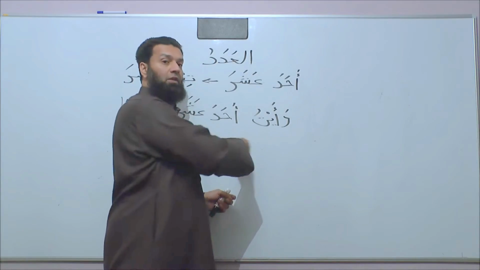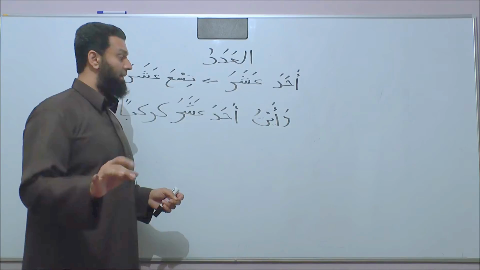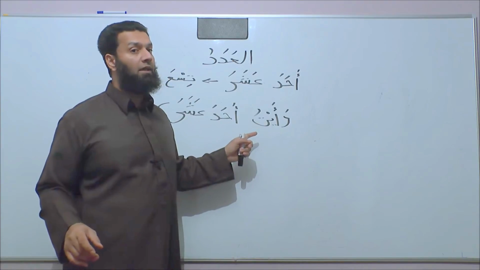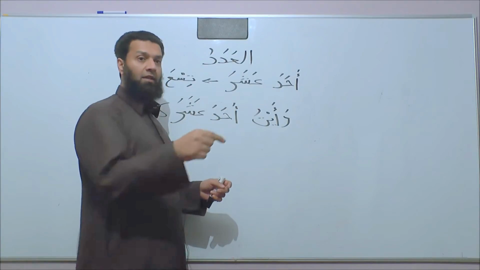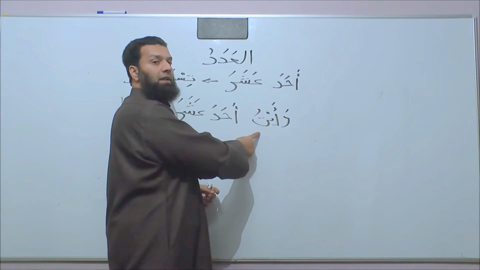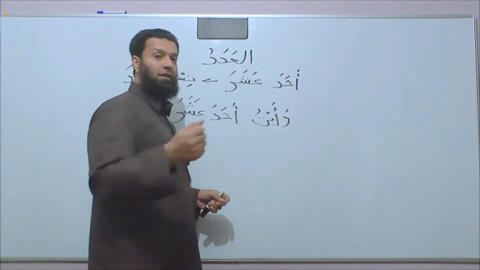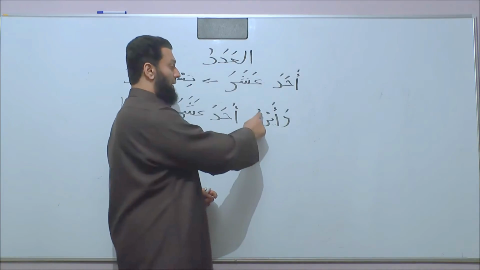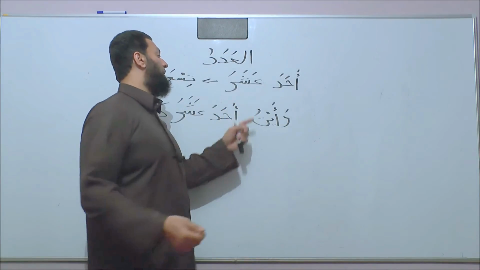That's the doer. Ra'aytu, I saw. And the ta itself is damirun muttasilun mabniyun ala dhammi. Damirun muttasilun مبني على الضم.